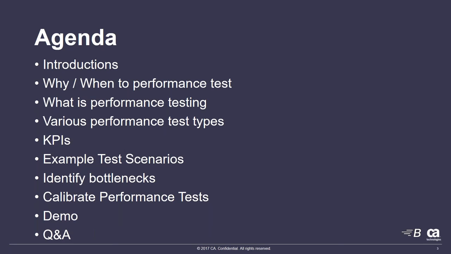We'll run a sample test scenario and how you can fine-tune this scenario to analyze your test. We will identify the bottlenecks that tests might produce. And as with anything else, when you try to test, you need to calibrate it so that you can find the fault lines in your test and in the systems that you're actually testing. We'll do a demo followed by a Q&A session.